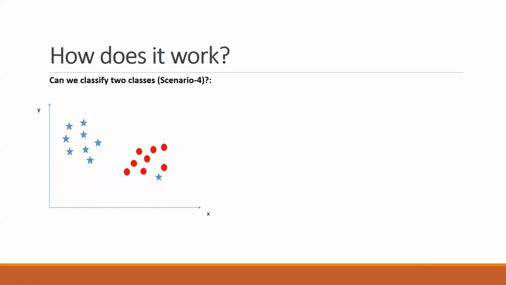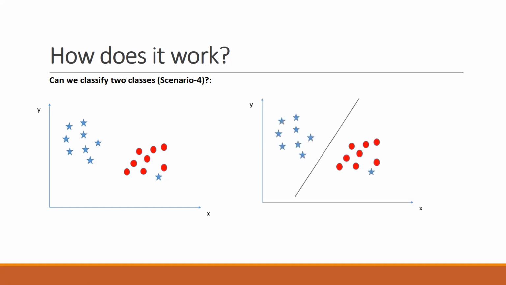Sorry about that. As I have already mentioned, one star at the other end is like an outlier for the star class. The SVM algorithm has a feature to ignore outliers and find the hyperplane that has the maximum margin. So we can say SVM classification is robust to outliers.